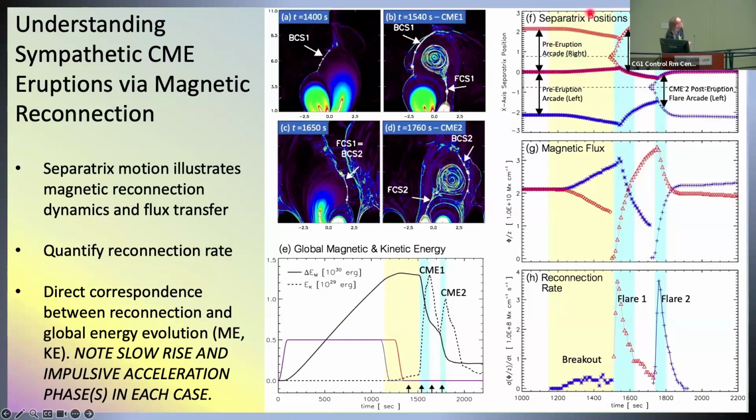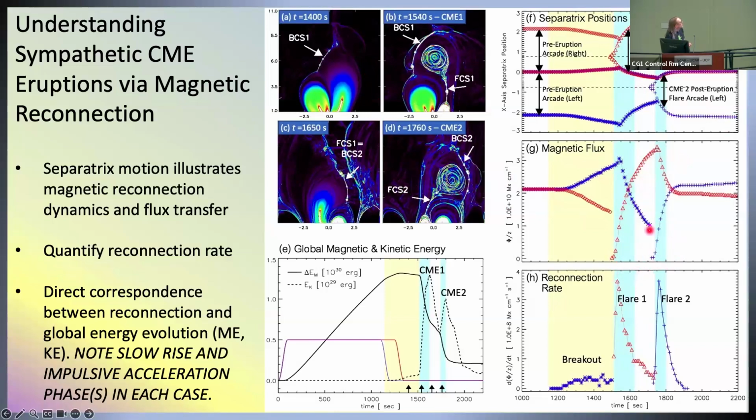And so that means my separatrix is moving around first slowly and then rapidly. I'm rebuilding the flux system under the first eruption here. And then when the second eruption goes, I'm rebuilding that flux system as well. And so if I keep track of the magnetic flux, I can watch it transfer out of one system into the other, and then rapidly transfer back.